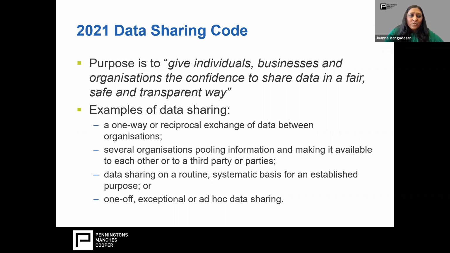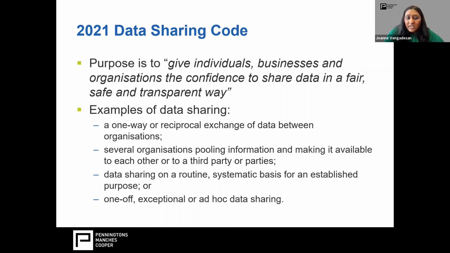They want to ensure that if it is appropriate to share data, organizations feel confident to be able to share data while ensuring that all relevant safeguards are in place. So that really is the approach of the UK regulator in trying to ensure that data sharing can proceed in an appropriate way.